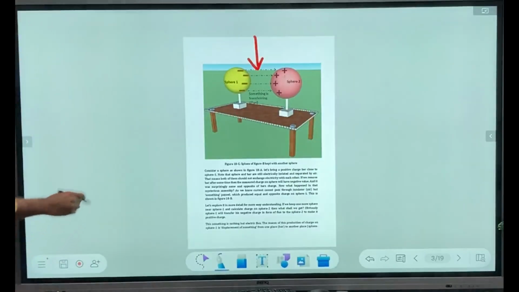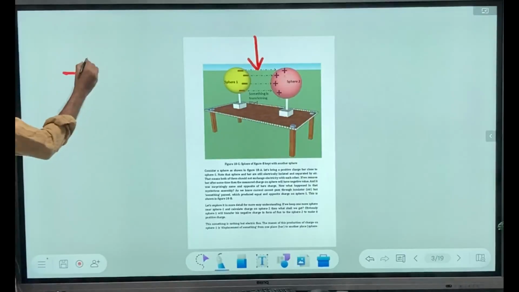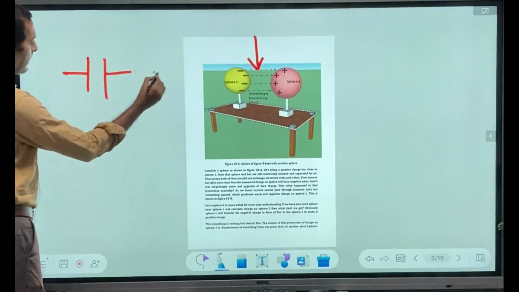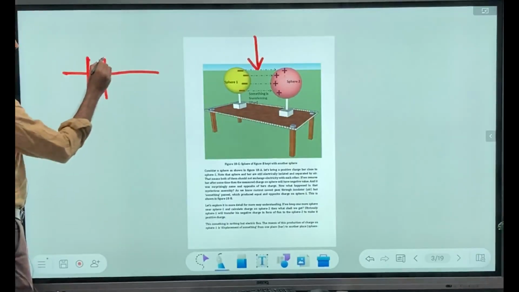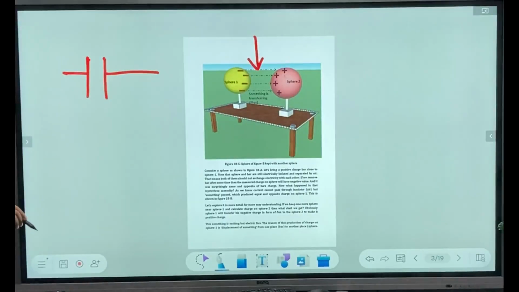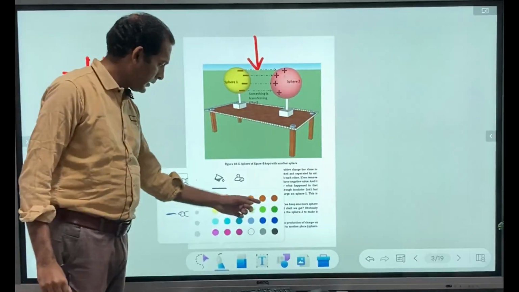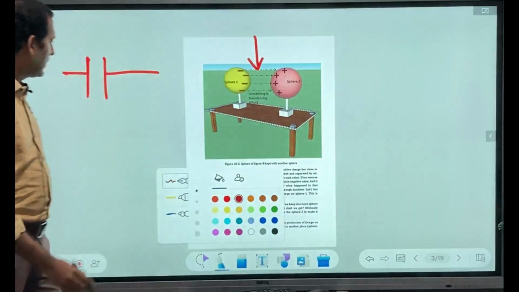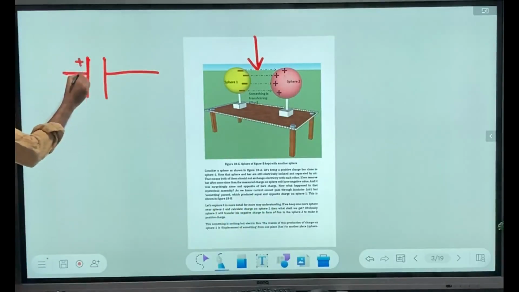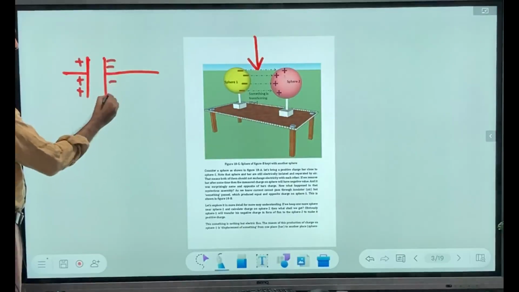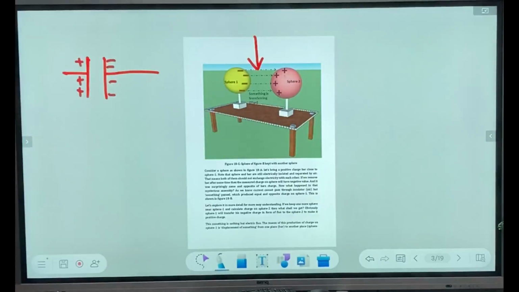If we consider a circuit of a capacitor, what is a capacitor? Capacitor is nothing but two charged plates separated by some dielectric. So if we consider this example of a capacitor, say one plate has positive charges, another plate has negative charges.